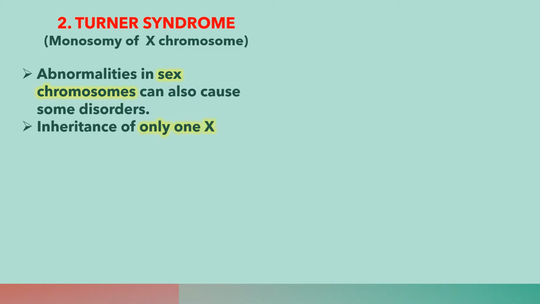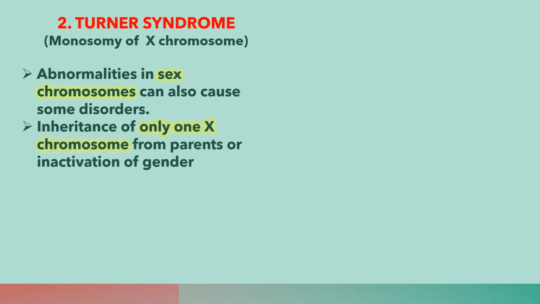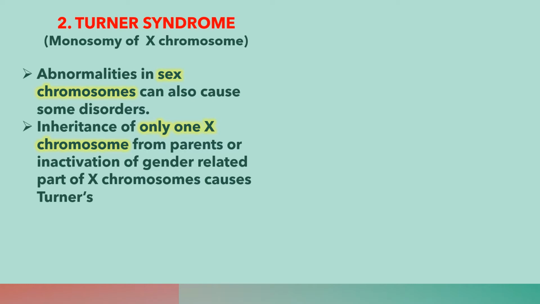Now, there is only one X chromosome inherited from parents, or inactivation of gender-related part of X chromosome, which causes Turner syndrome. So either the child inherits only one X chromosome, or that X chromosome is not active.